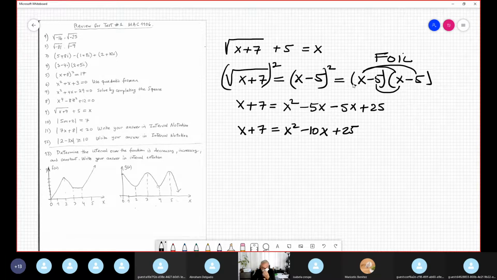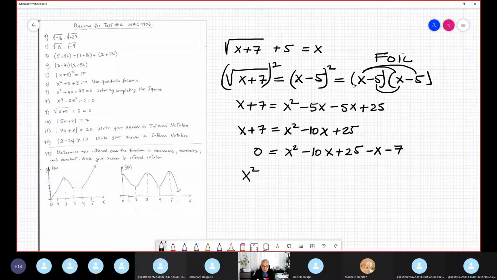This is a quadratic equation. Entonces, for solving any quadratic equation, definitely we need to express it in standard form. Entonces, I propose you, for example, this guy stay here, and I bring to the other side minus x minus 7. And here we have nothing, because nothing is 0. So we combine like that one more time.